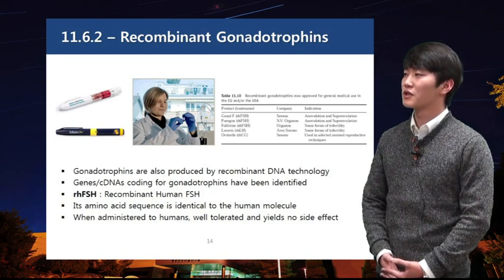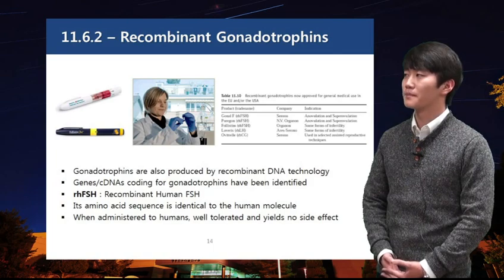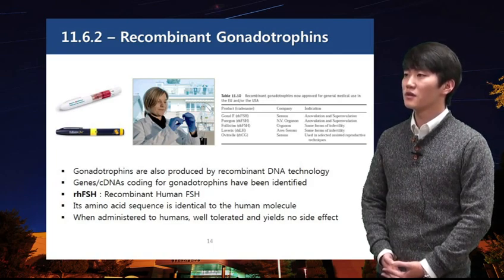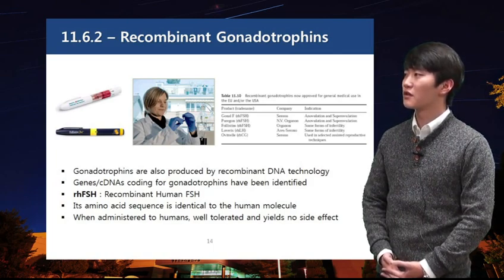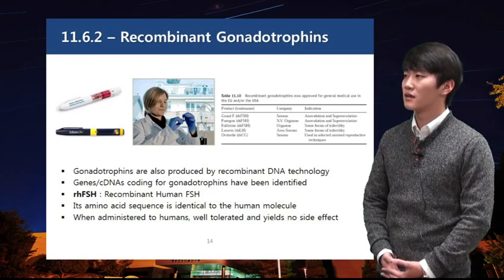RHFSH has proven to stimulate follicular growth in females. It was the first biopharmaceutical substance to be approved for general medical use in Europe. Recombinant gonadotrophins approved for general medical use are listed in the table on this slide.